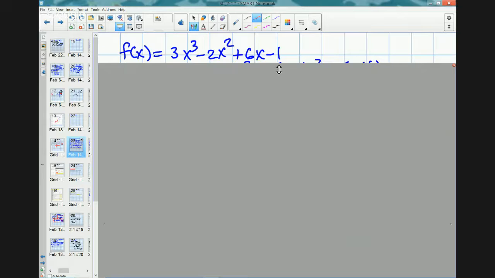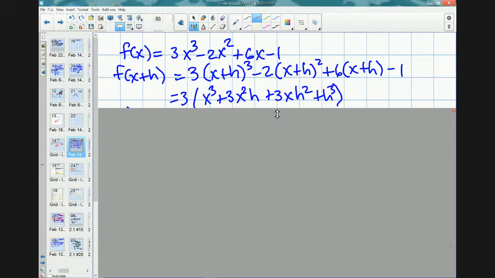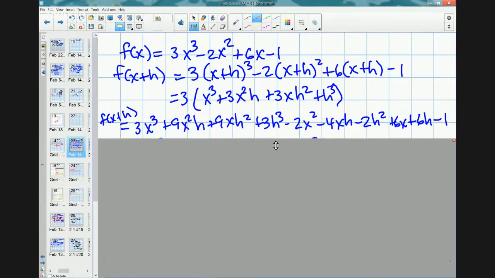The only thing one has to concentrate on is that we've got some higher powers here, and we have 3 x's. So every place there's an x, we are going to have to find f of x plus h, and it just makes it longer. Here's what you have to do to find f of x plus h.